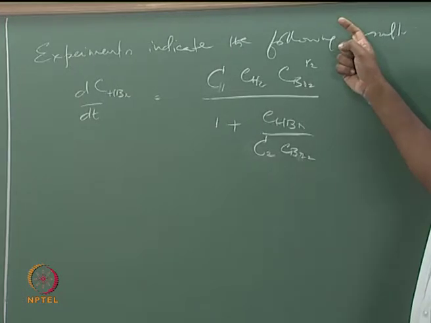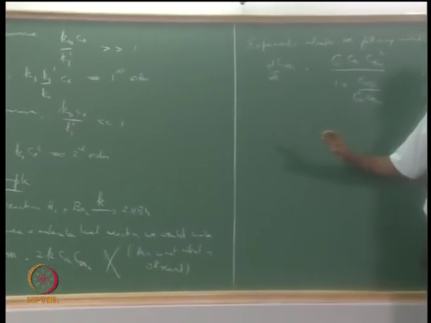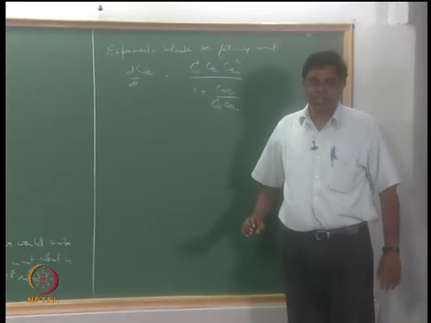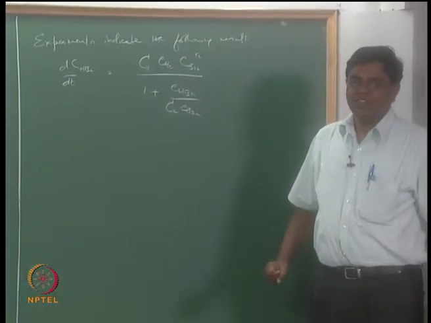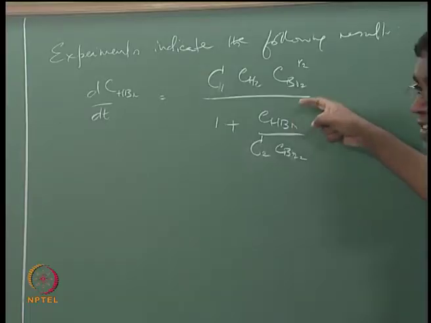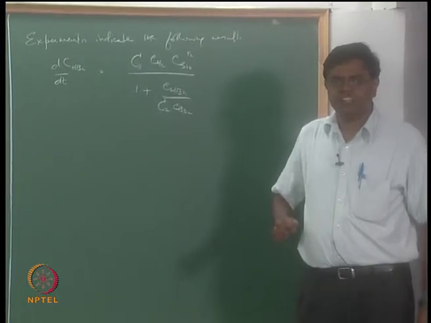It's not going to become 1. That was bad. So the original prediction was bad still. But that's not the most interesting thing. The most interesting thing here is you now have a CHBr in the denominator. Is that okay?